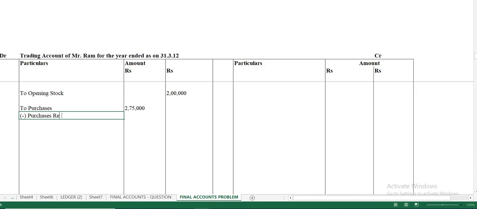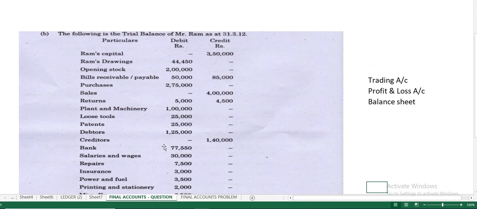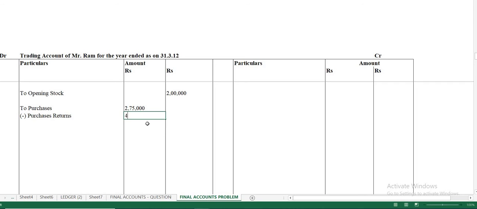Purchases returns, other name is returns outwards. Anything you can mention, based upon your question. Okay, so how to find out purchases returns from these two amounts: purchases is in the debit column, so purchases returns is in the credit column. Okay, so this 4,500 only is purchases returns.